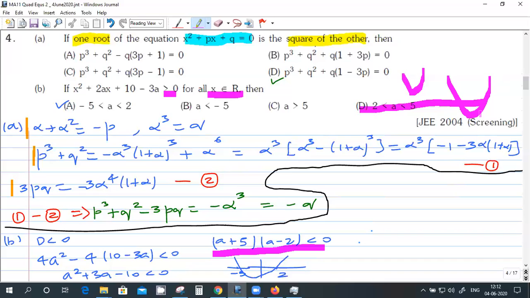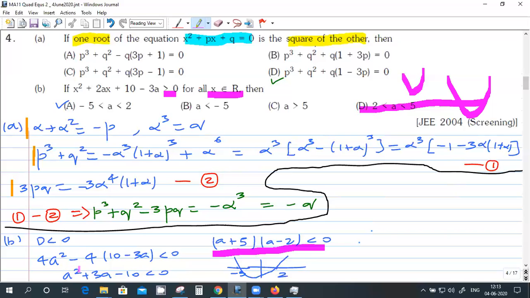When it is cutting the x-axis, in between the roots it's negative. But it's positive for all real values of x, so it should be above. This means that the roots are complex, no real roots. That's why the discriminant should be negative.